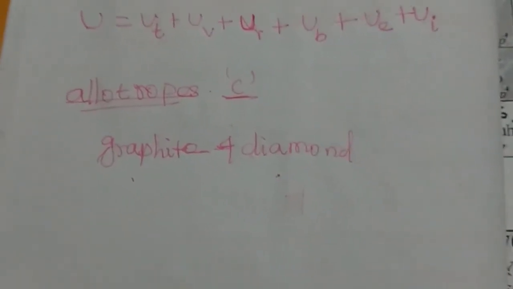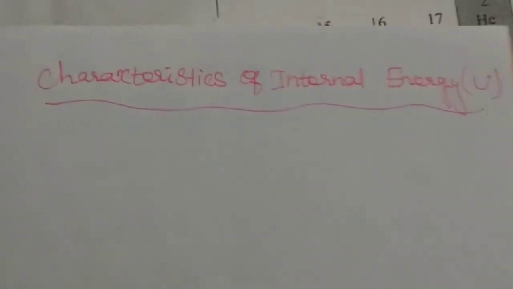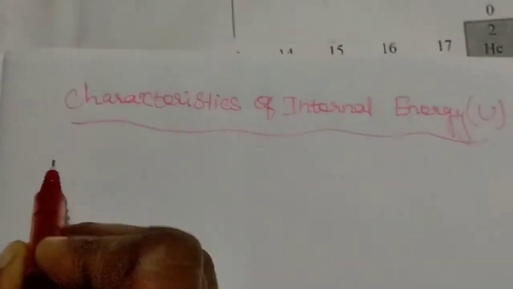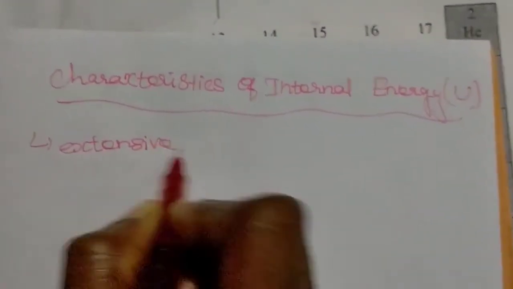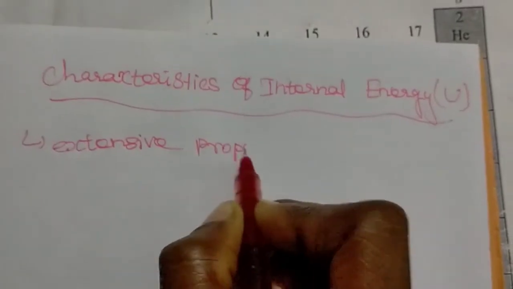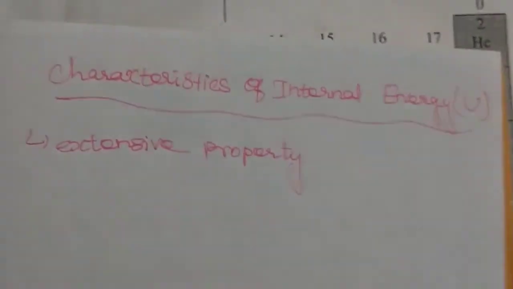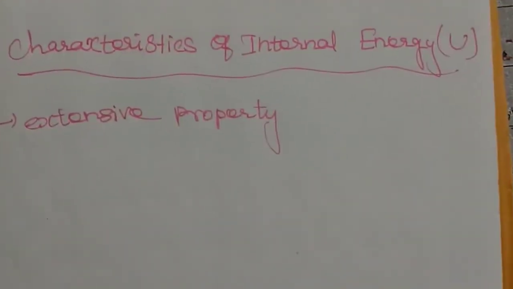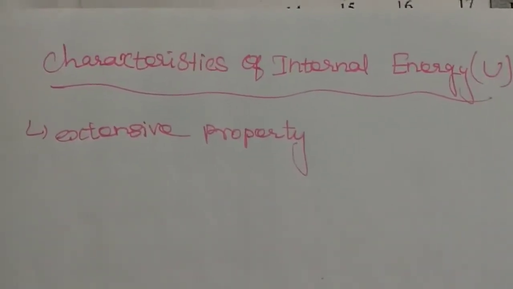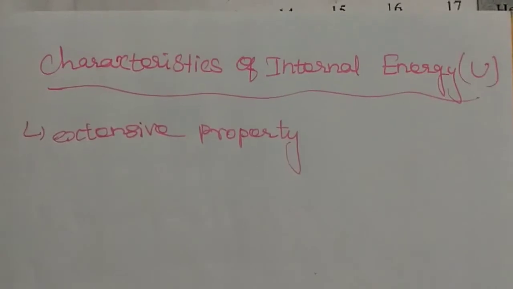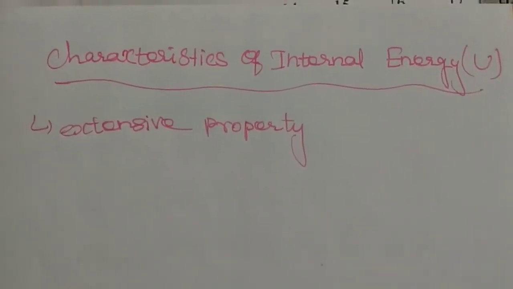Of many systems, internal energy has some characters. First character: it is an extensive property. Extensive property means it depends upon the mass of the system.